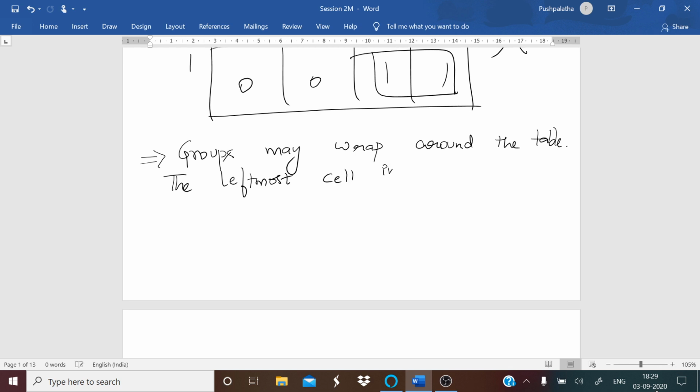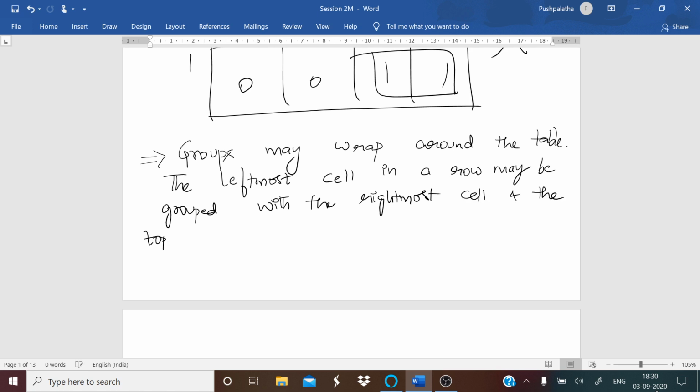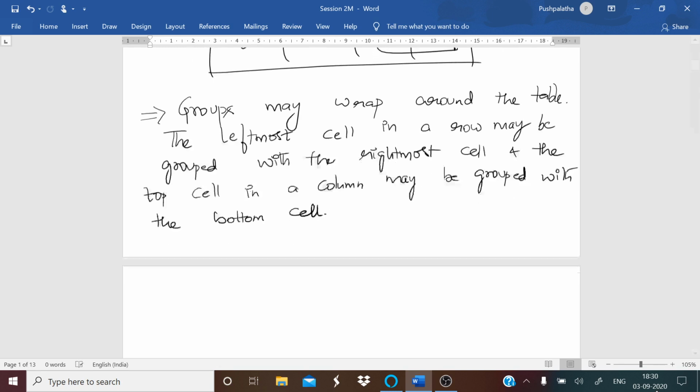The leftmost cell in a row may be grouped with the rightmost cell and the top cell in a column may be grouped with the bottom cell. Okay, now let us go for an example here.